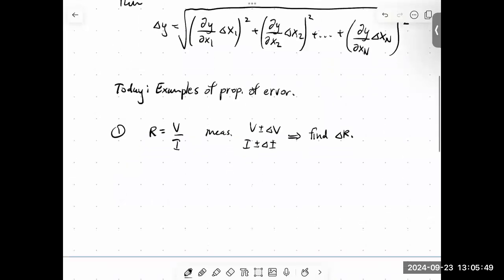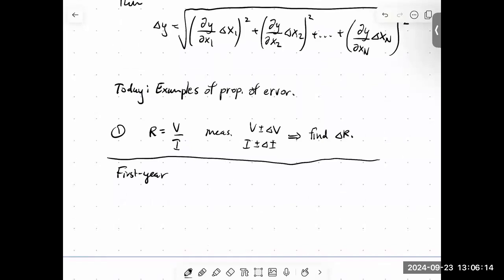Okay, before we actually do this propagation of errors calculation, let's just remember what we would have done in first year. In first year, we would have said, okay, the resistance is the result of some division, a quotient. And so I had a rule for propagating errors when we had quotients.